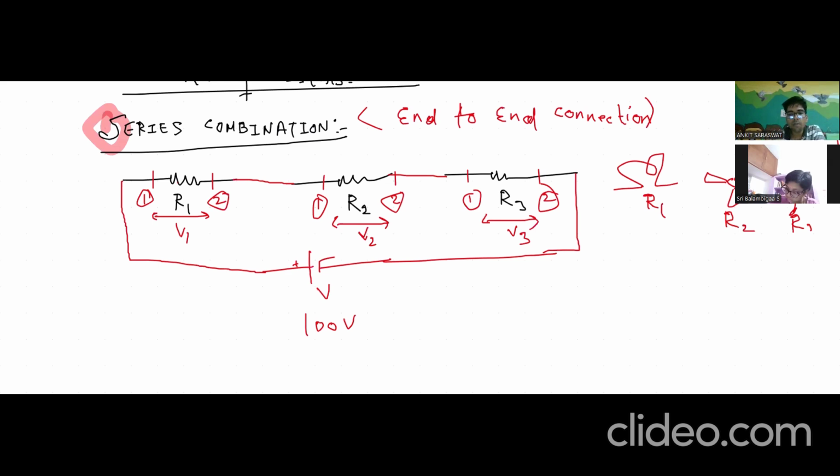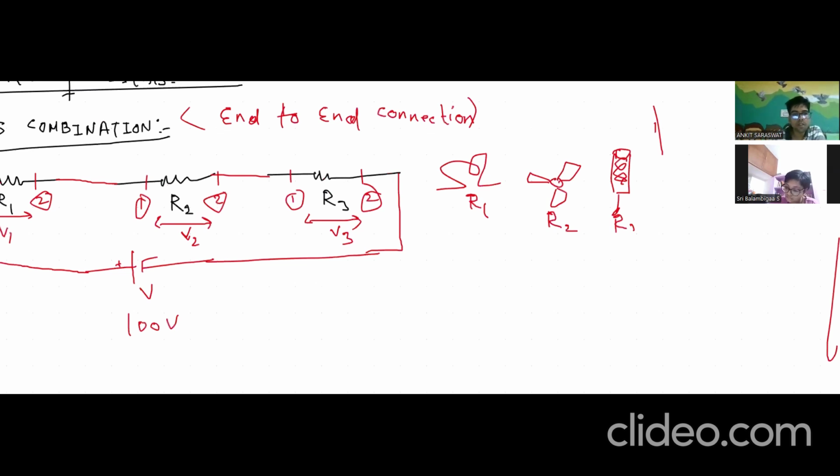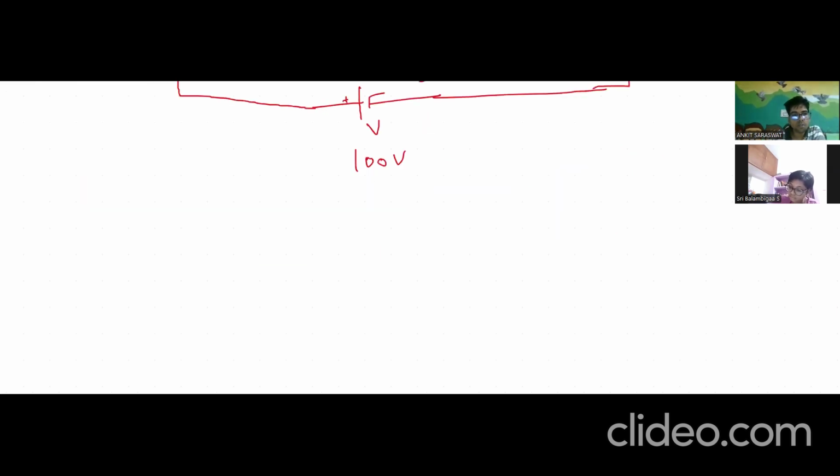Then this entire voltage is going to be consumed where? This entire voltage of the cell is going to be consumed across V1, V2, and V3.